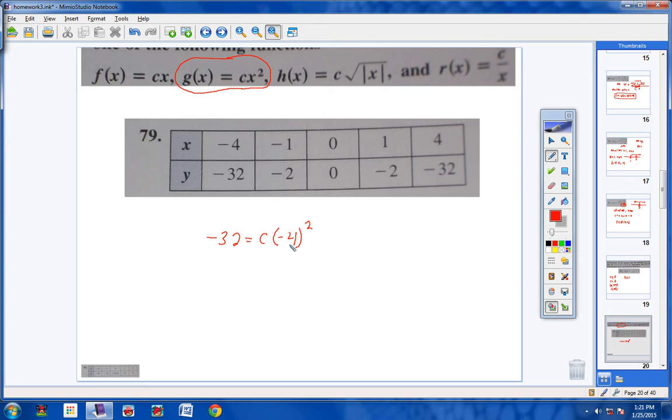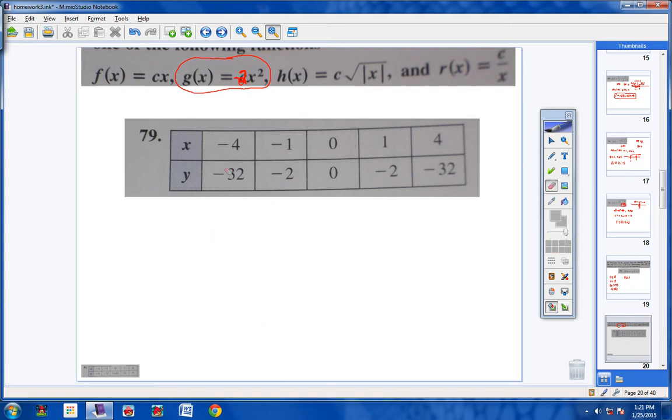Now square the 4 and you get 16c. Alright, divide both sides by 16 and -2 equals c. So where this c is right here, we're going to put a -2. Okay, a -2. Now let's see what happens.